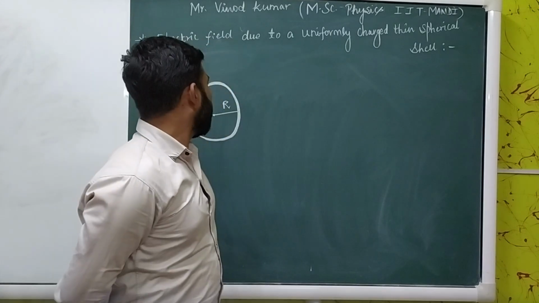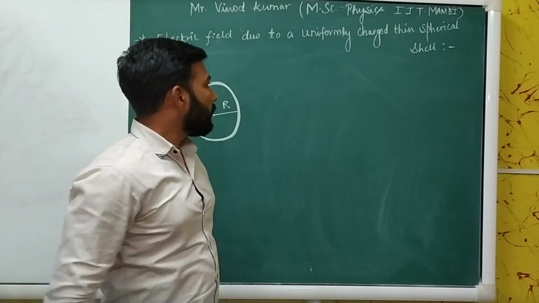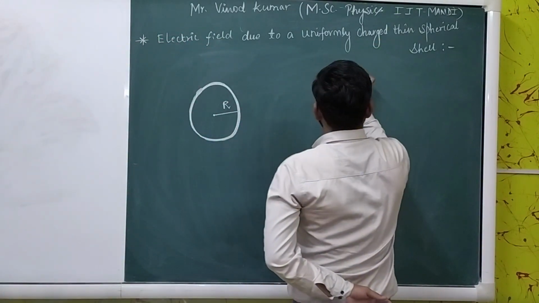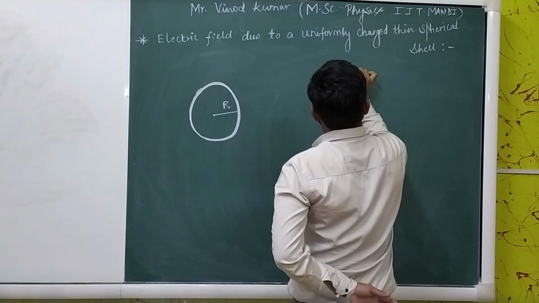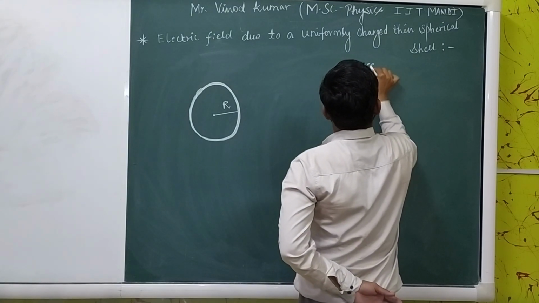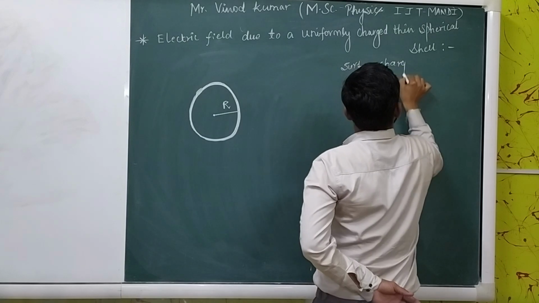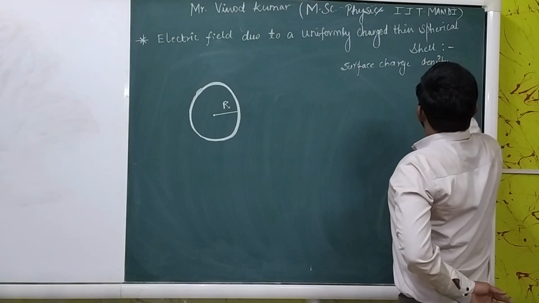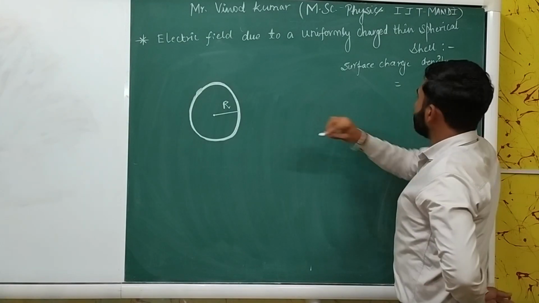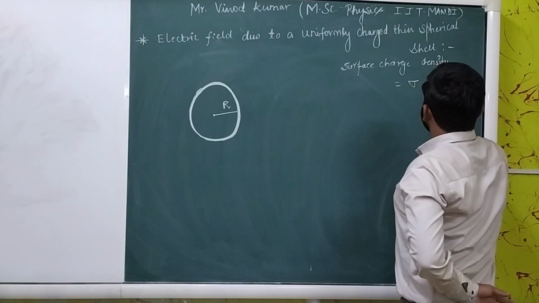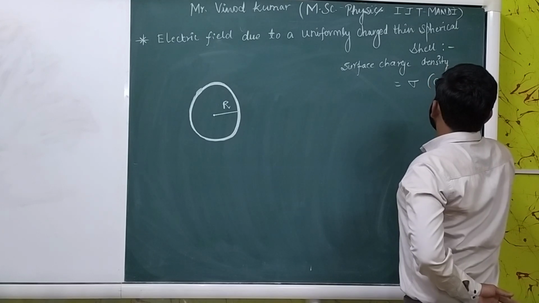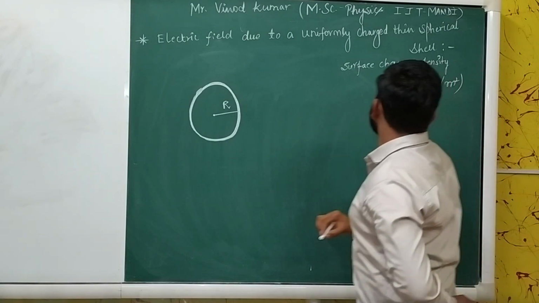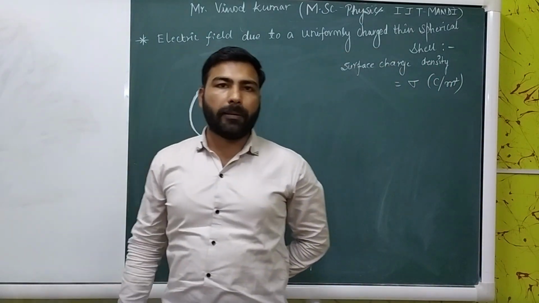Let us suppose that it is uniformly charged and the surface charge density of this spherical cell is sigma, and the unit of this surface charge density is coulomb per meter square.